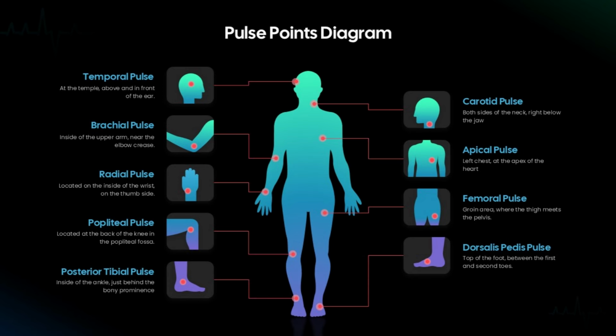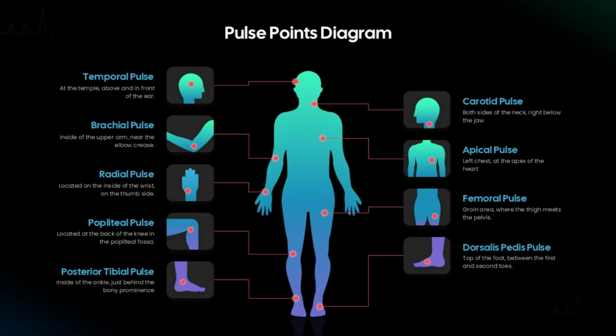So this will indicate how the circulation is. Mostly the brachial and radial pulses will be checked if the patient has any kind of paresthesia in their hands, or in cardiac conditions. In these conditions we will assess the brachial and radial pulses.